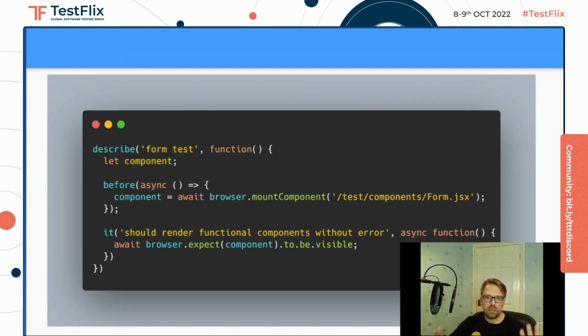And it's allowed us to do things like this. So on the screen now we have a little bit of Nightwatch.js code, and it allows us to build these really simple tests. What we do is we mount the component, so a small snippet of the page, right?